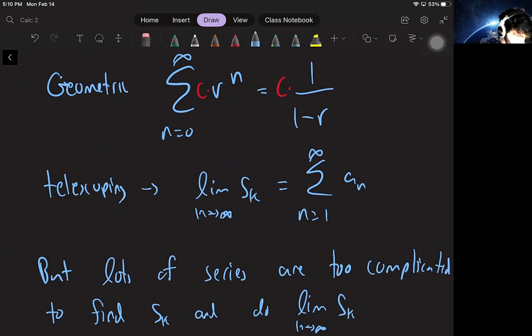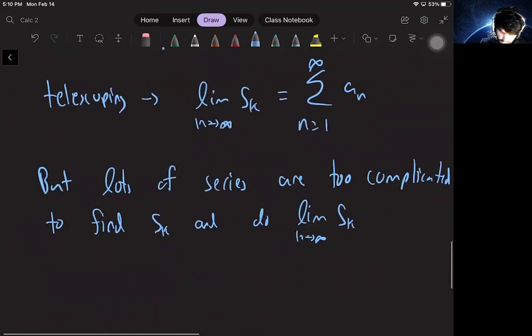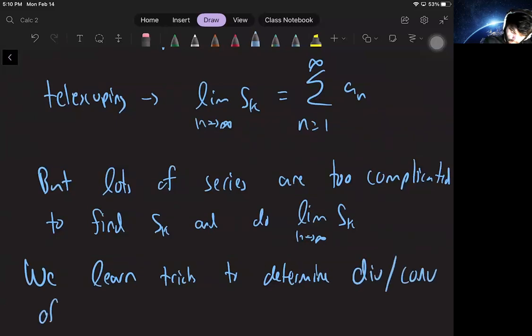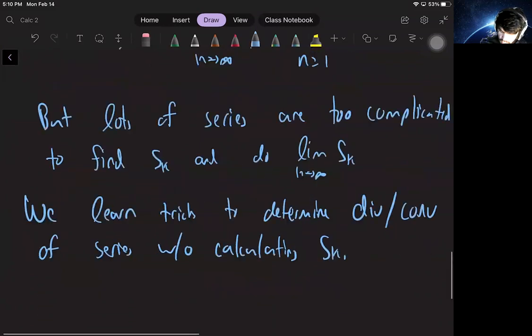Okay, and here's the first trick. So we learn tricks to determine divergence or convergence of a series without calculating S_k. So we just avoid it completely.